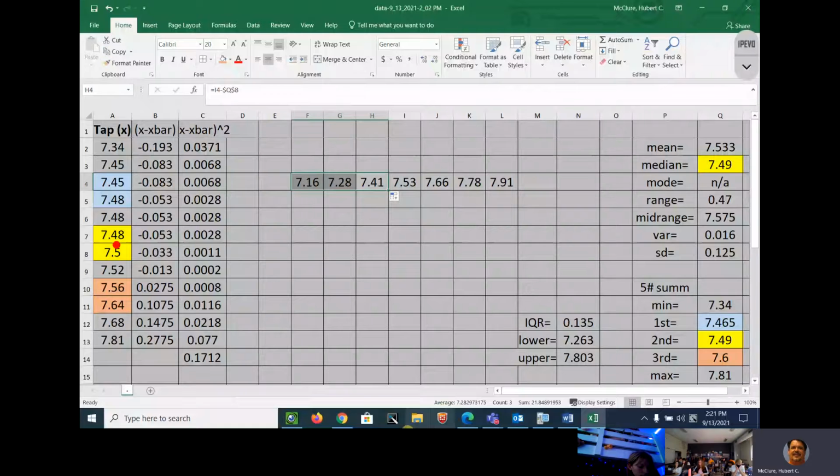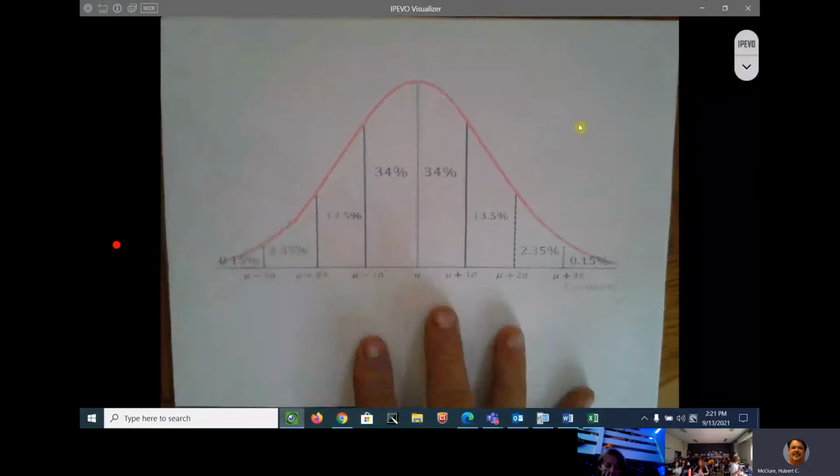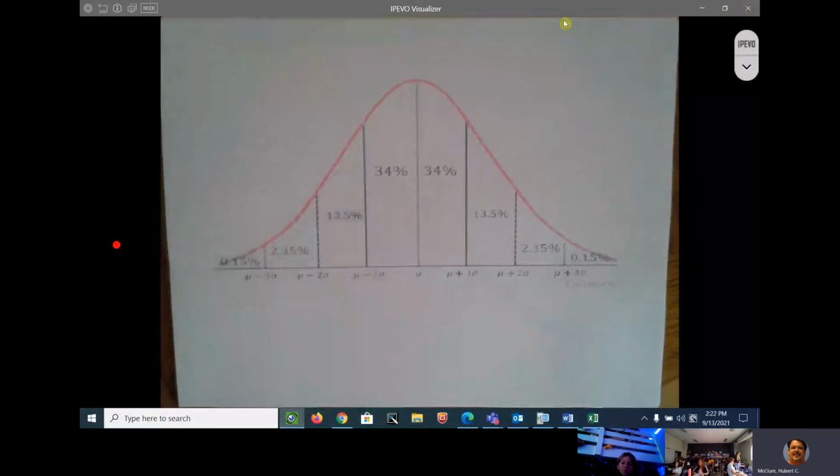So now we can do our empirical rule. So now I take my copy right here that probably nobody printed out. And you're going to get tired of drawing it on the test or the homework.